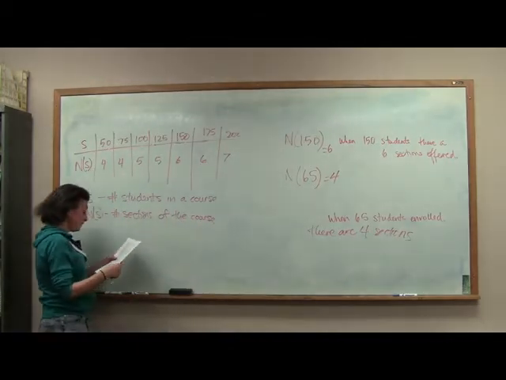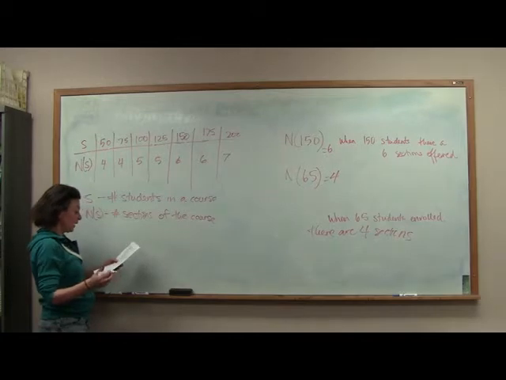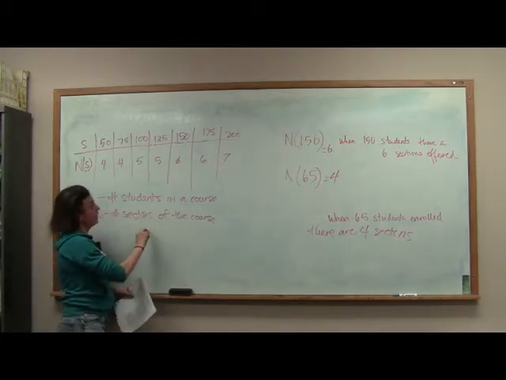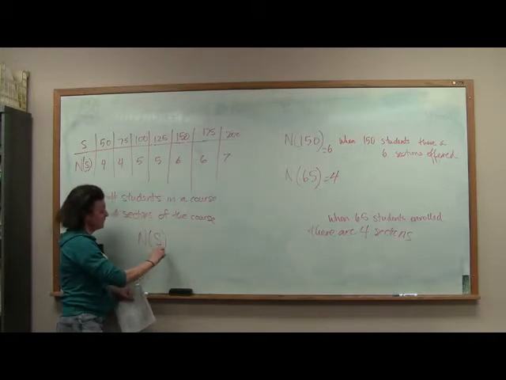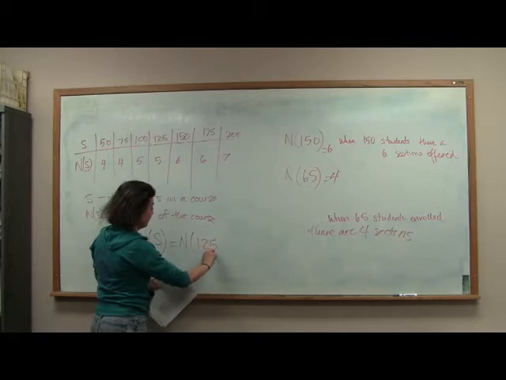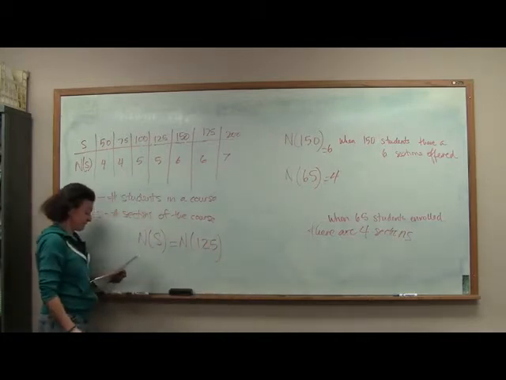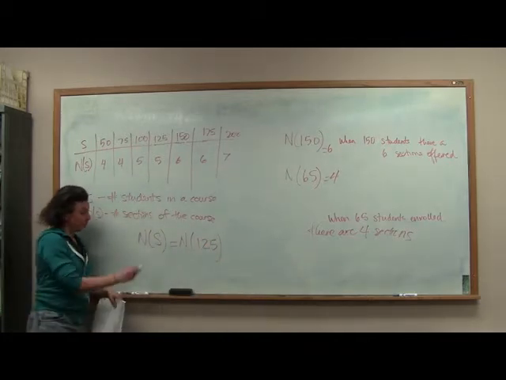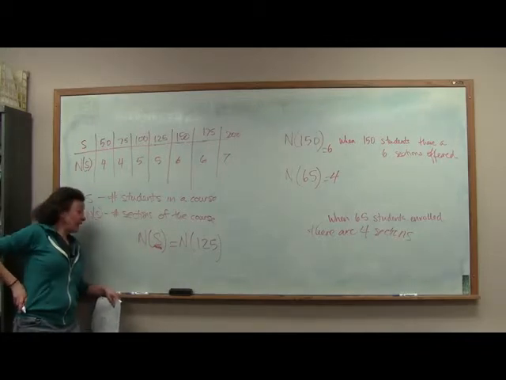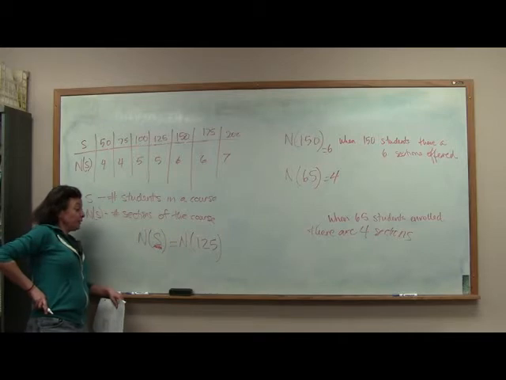Now, what if here I want us to solve for S and interpret N of S equals N of 125? We want to know, first off, what S would have to be. Okay?